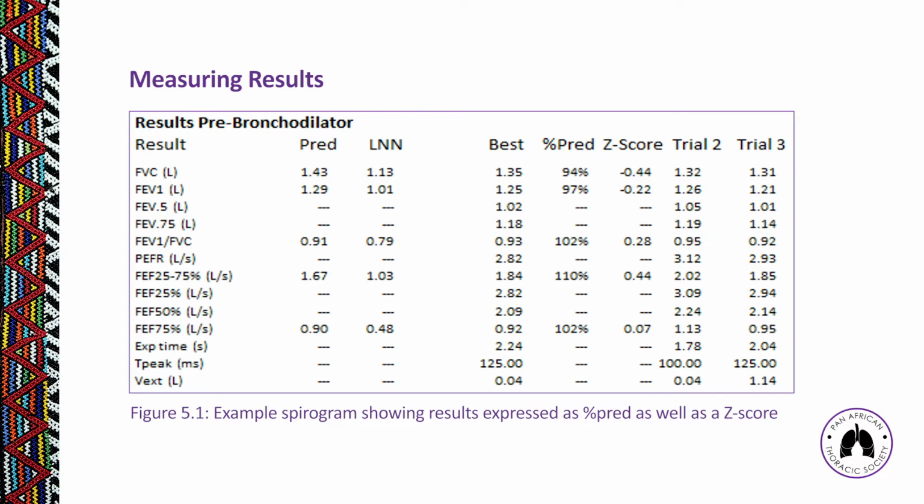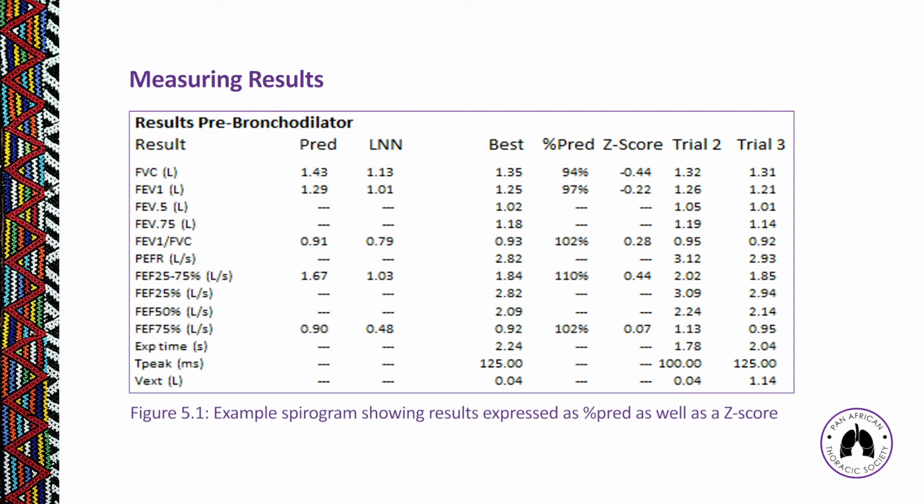Now, when looking at the results of the spirogram, we're looking at them from the two columns that say percentage pred and Z-scores. And in this instance, the actual FEC measured by the patient was 1.35 liters. The lower level of normal was 1.13 liters.